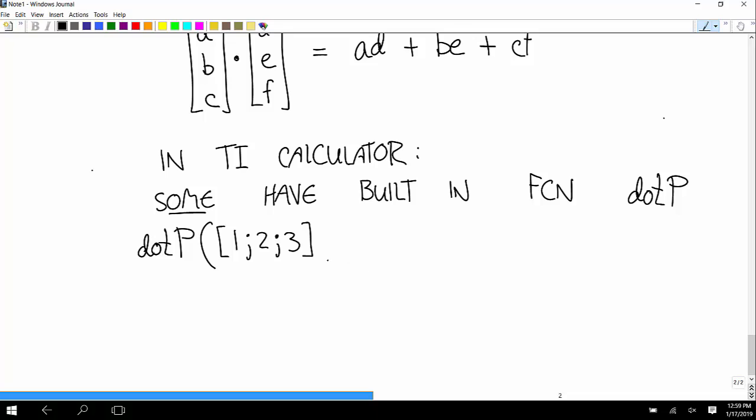So that's the first vector, and then a comma, and then the second vector, let's say 3, 2, 1. And that would give you 1 times 3 plus 2 times 2 plus 3 times 1, so 10.